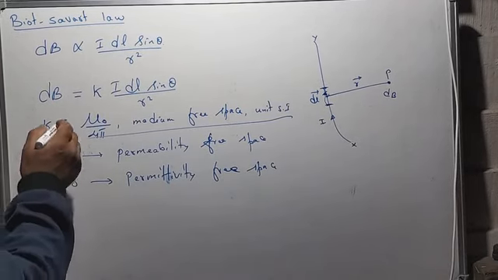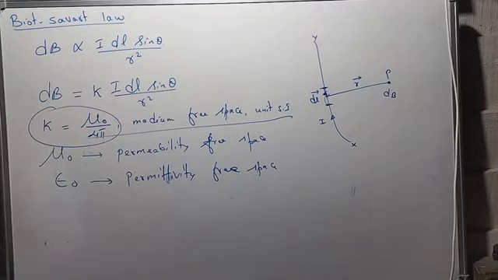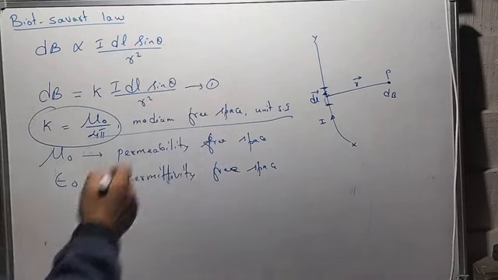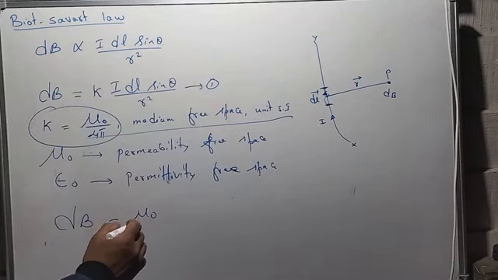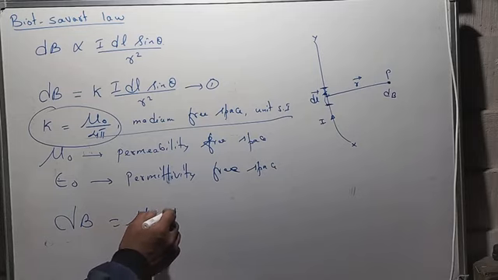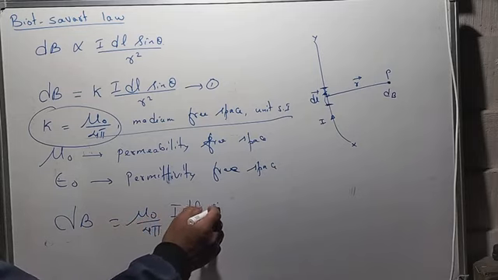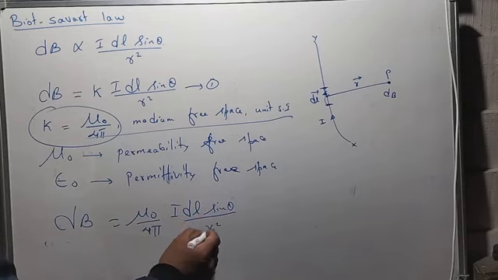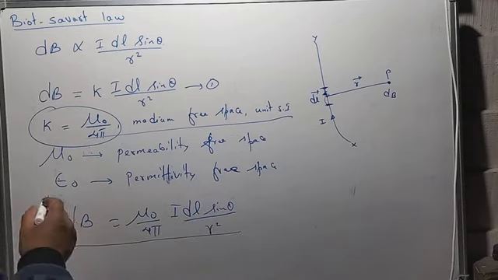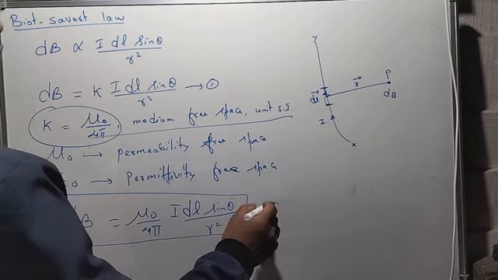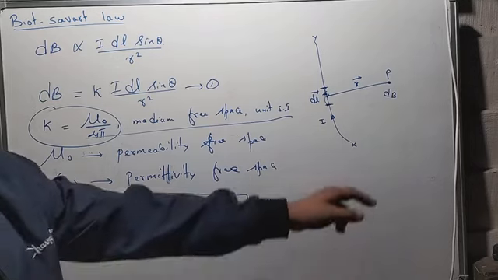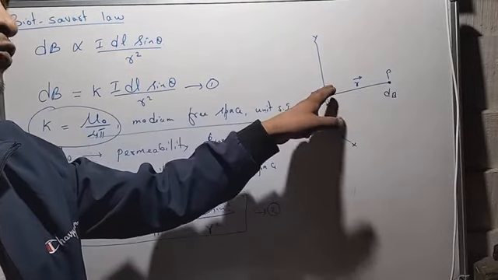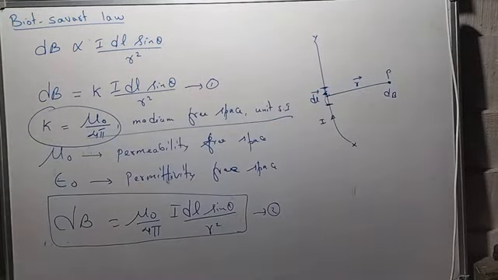Substituting this constant value k equals mu naught upon 4 pi in this equation, let's say this is equation 1, we get dB equals mu naught upon 4 pi I dl sine theta upon r square. Let me name this equation number 2. This equation 2 gives you the magnitude of the magnetic field at a point P due to this current element dl.